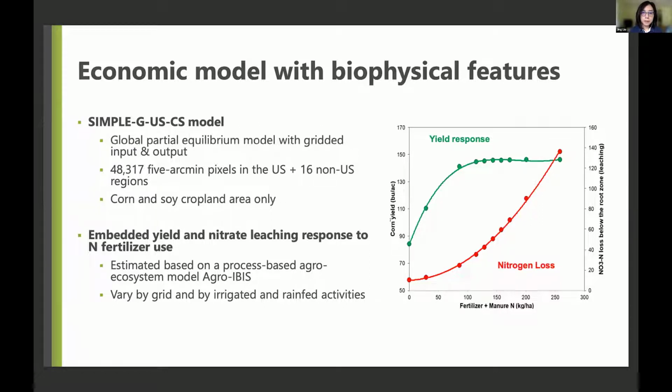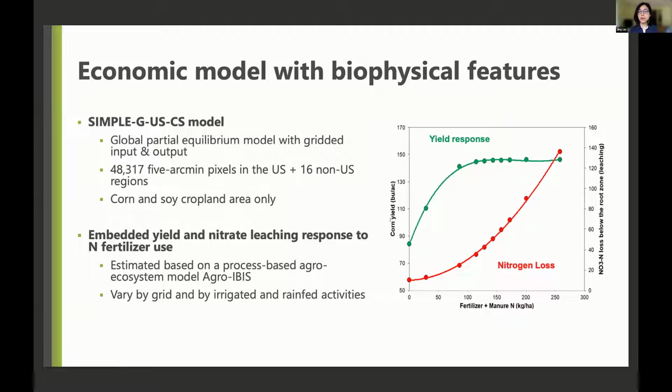A special feature of this model is that we included some biophysical relationships into the model. We call them emulators because they capture the relationship between crop yields and nitrogen fertilizer application, as well as the leaching response to nitrogen use.